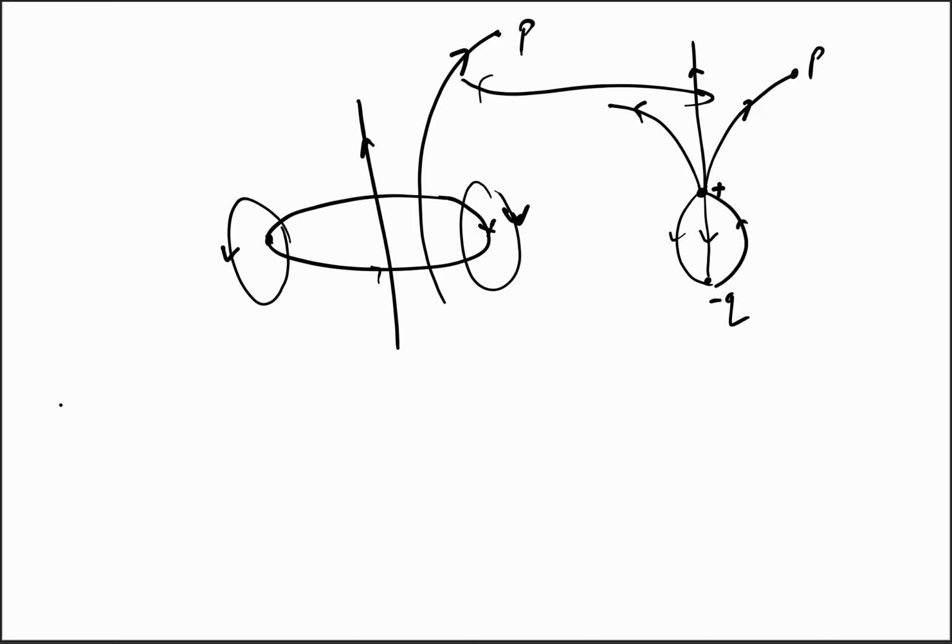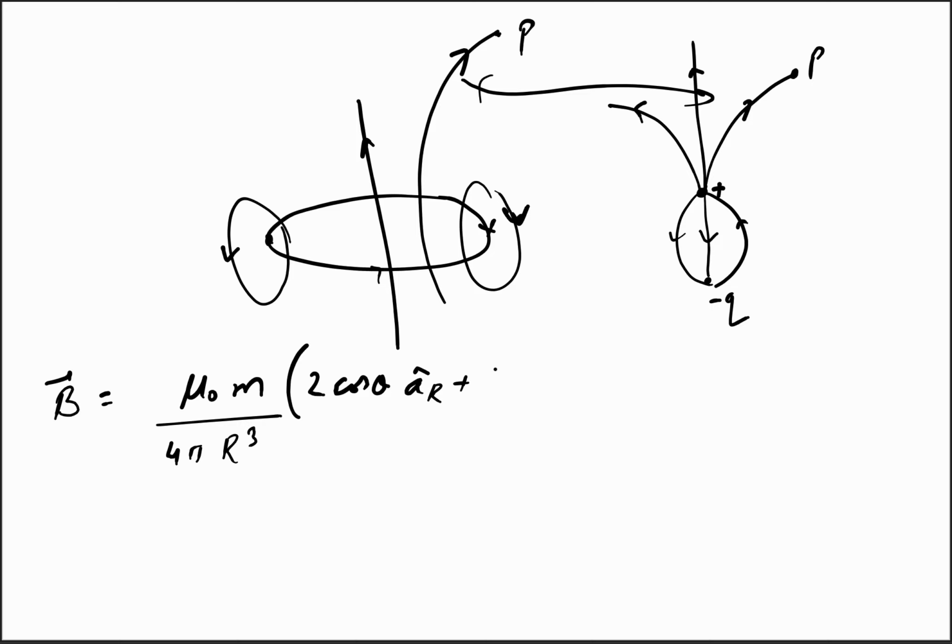So to make it more clear, I will write it again. B is equal to mu naught upon 4 pi R cube, that is, it will fall with R cube, similar to the electric dipole, m, 2 cos theta a_R plus sin theta a theta, and A will be mu naught upon 4 pi R square, similar to the potential of the electric dipole, which was falling with R square.